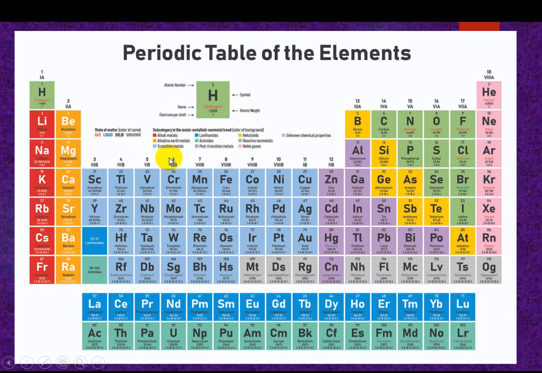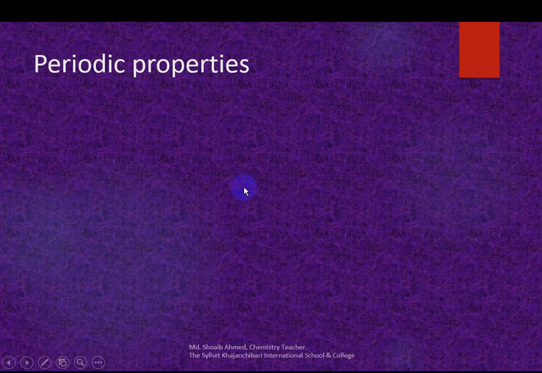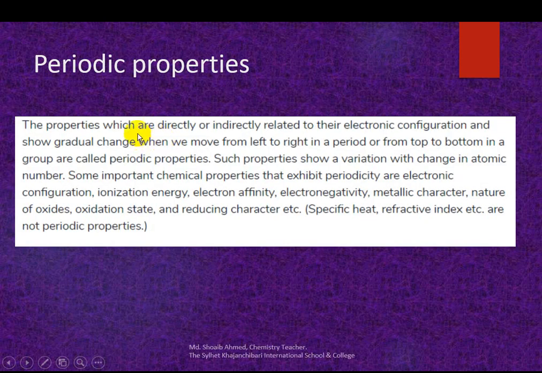So what are periodic properties? The properties which are directly or indirectly related to their electronic configuration and show gradual change when we move from left to right in a period or from top to bottom in a group are called periodic properties. This is the definition of periodic properties.